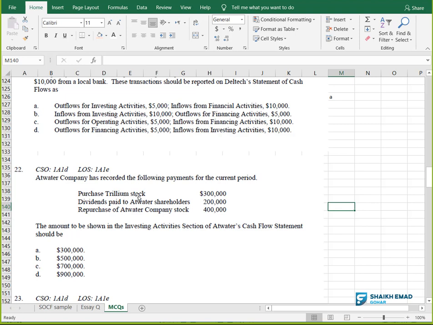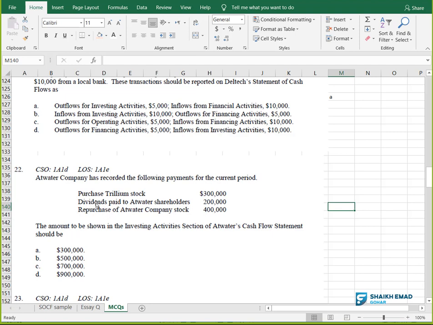So when you purchase stock of another company, is that investing or financing? Investing. Getting it? Very important point. If they say repurchase of Atwater stock, like it's written in the third one, this is financing. This is the treasury share basically.